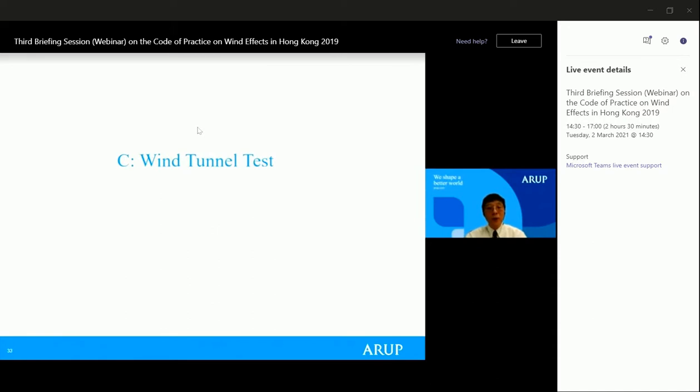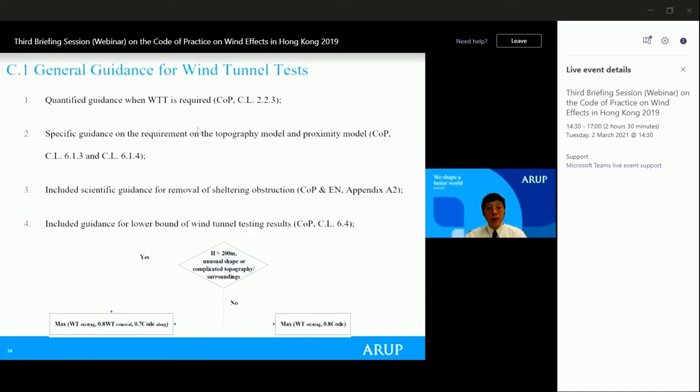Now we come to the final part of the first update presentation, which relates to the wind tunnel test. In the new 2019 code, there are four major guidances given for the wind tunnel test. First of all is the quantitative guidance for when a wind tunnel test is required, under clause 2.2.3.